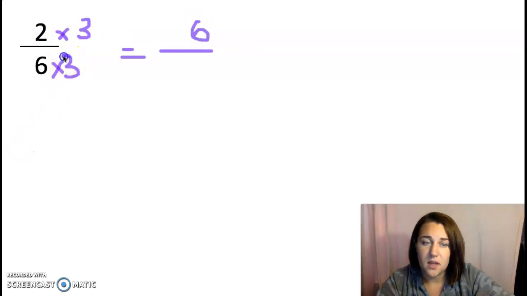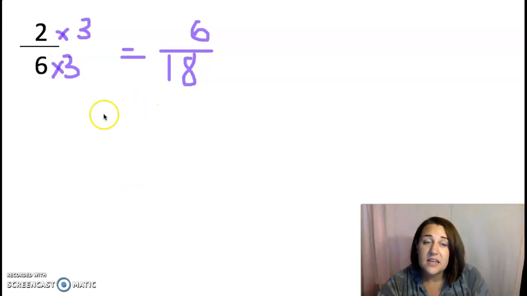Okay, now I did my top, now I have to do my bottom. Remember, whatever I do to the top, I have to do to the bottom. So I'm multiplying my denominator, which is 6, by 3. So I'm going to skip count by 3 6 times. So 3, 6, 9, 12, 15, 18.